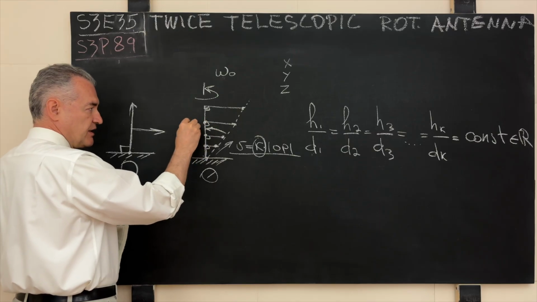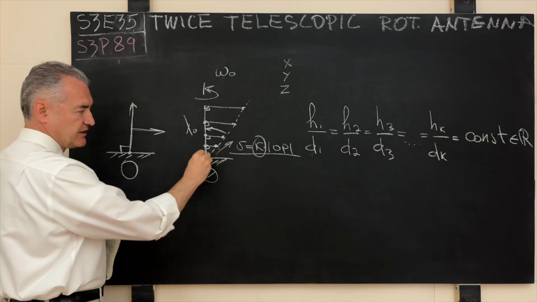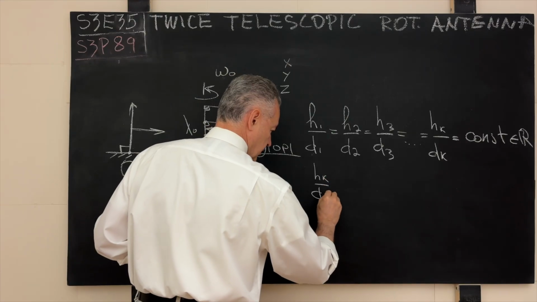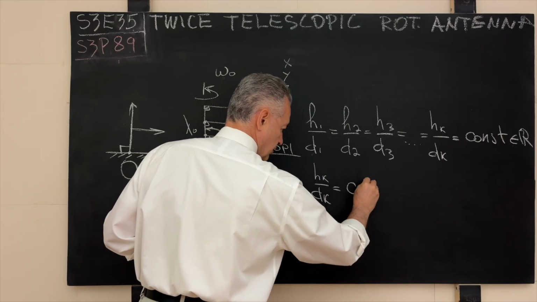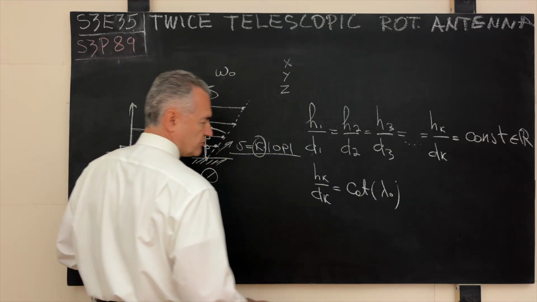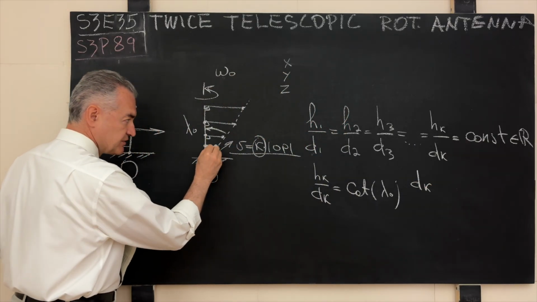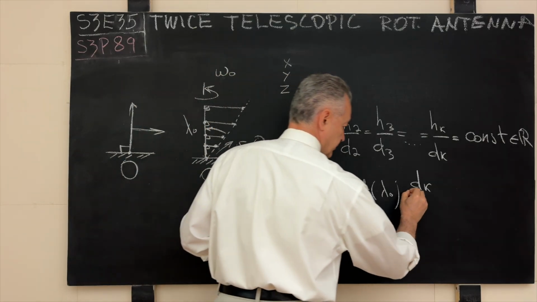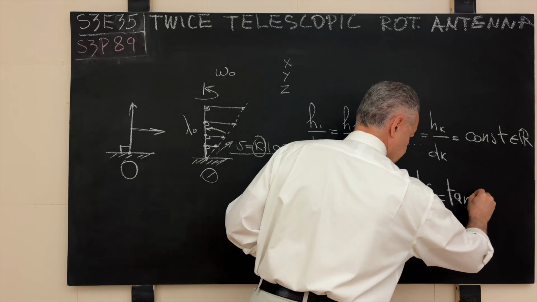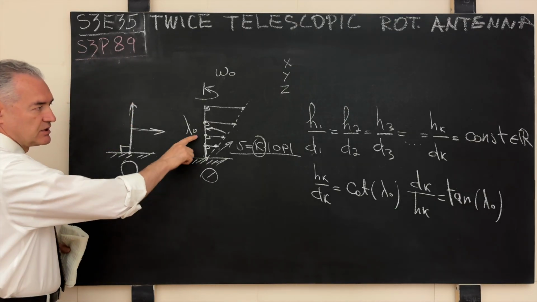Let's say we designate this angle as lambda 0, so if we take it as hk divided by dk at any time, this will be the cotangent of the angle lambda 0, and if we take it the other way, dk, in other words, the length of the opposite side divided by the length of the adjacent side, dk over hk, this will define the tangent of that angle lambda 0.